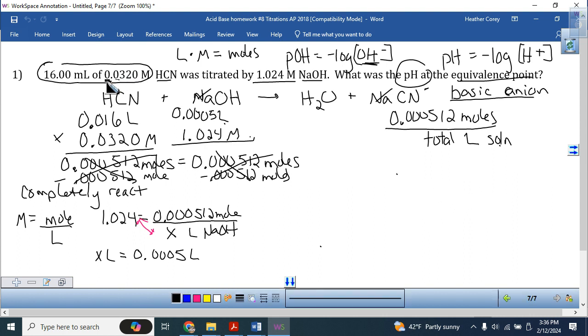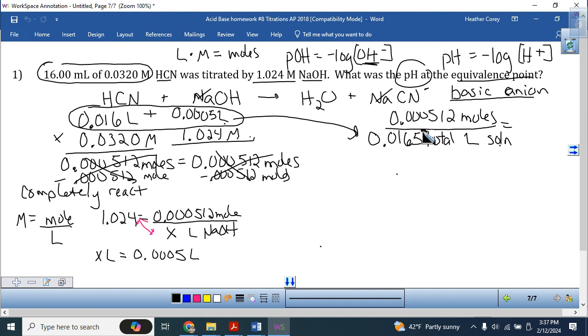So whatever makes more sense for you. But either way, in the end, you need to know both the volume of the HCN that was added, and the volume of the NaOH. You need to have total liters. And my total liters is 0.0165.